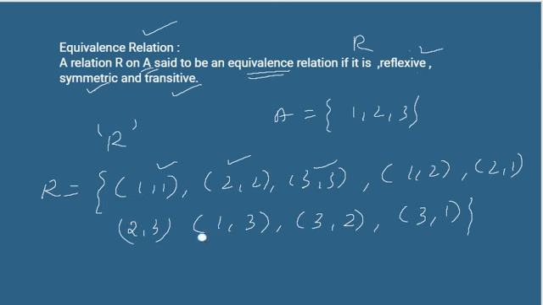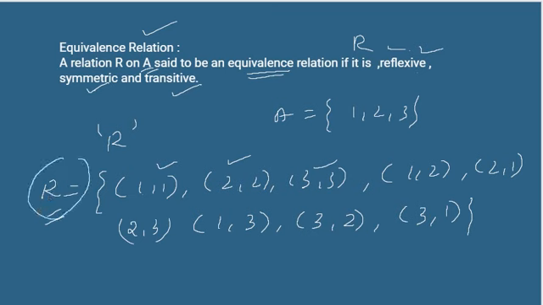Clear? Then (2, 3) and (3, 1), then (2, 1) must be there. It is there. Now (1, 3), (3, 2), (1, 2) must be there. (1, 2) is there. Nothing else. So (1, 3), (3, 1), (1, 1) must be there. So you can see that this particular relation is reflexive, symmetric, and transitive. Hence, you can say R is an equivalence relation.